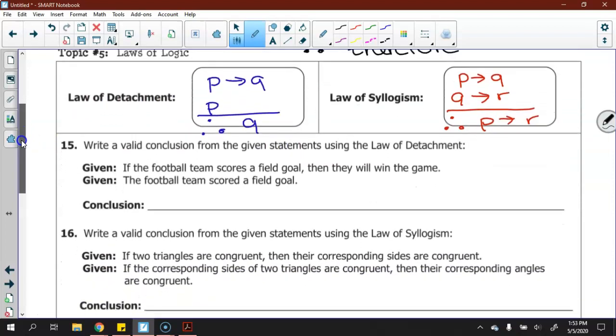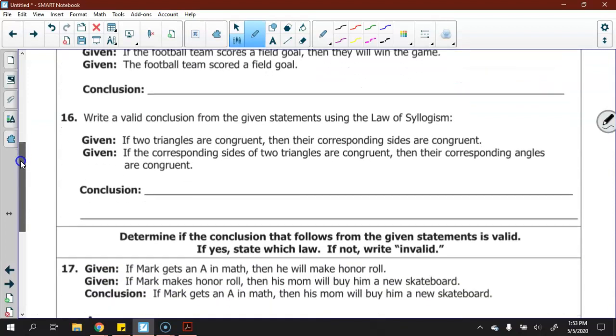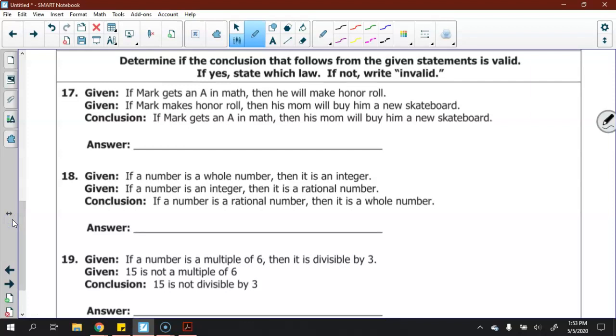So I kind of want to jump to 17, 18, and 19 so we can practice with that a little bit and make sure we're okay with which one is law of detachment, which one's law of syllogism. For 17, it says, if Mark gets an A in math, then he will make honor roll. If Mark makes honor roll, then his mother will buy him a new skateboard.